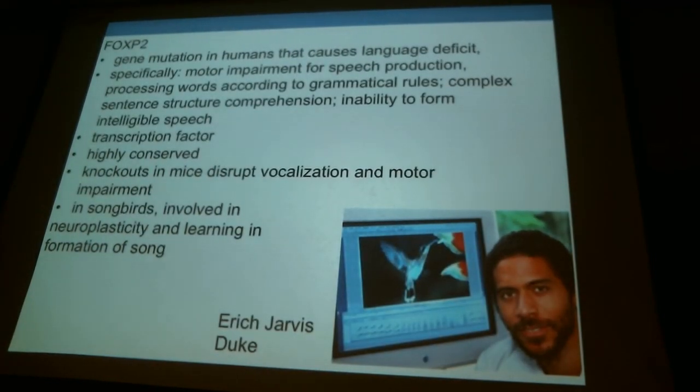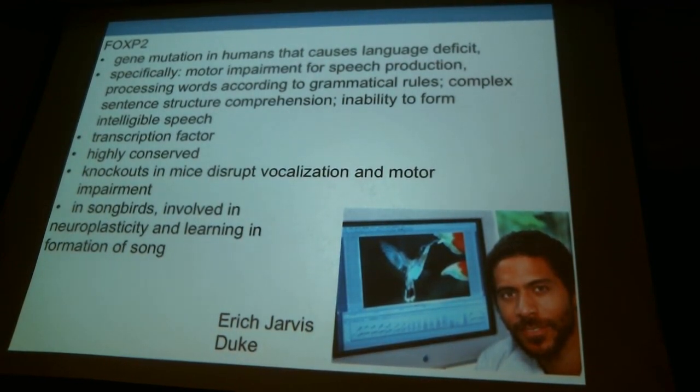There's been a lot of interest in what the genetic basis for song is. FOXP2 is a gene that's been identified. It was first identified in families that have certain types of language deficits. It's specifically a motor impairment for speech production, but also impairs processing words according to grammar and forming complex sentence structure, and they really have an inability to form intelligible speech.